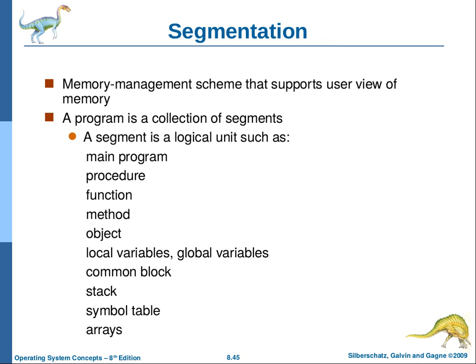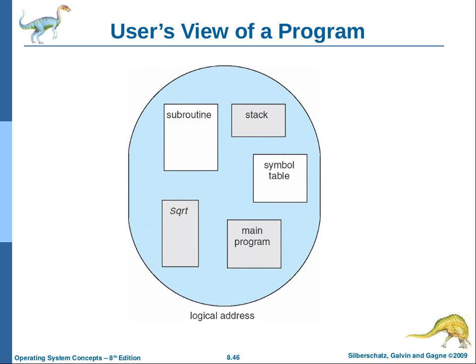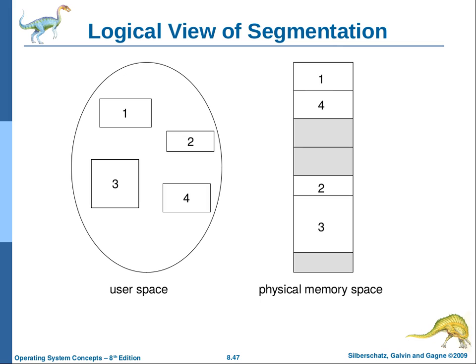You might have the main program, procedures, functions, methods, local variables, a stack, a symbol table, and different arrays. Those different segments can exist in different parts of physical memory. They don't have to exist contiguously one next to the other, although your program from the CPU is going to look that way.